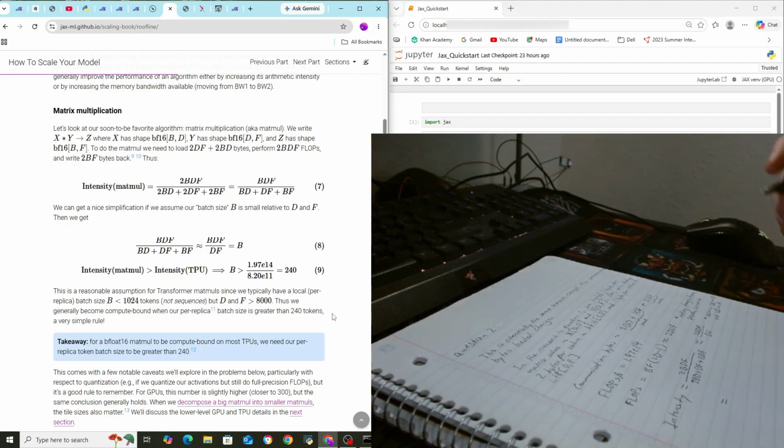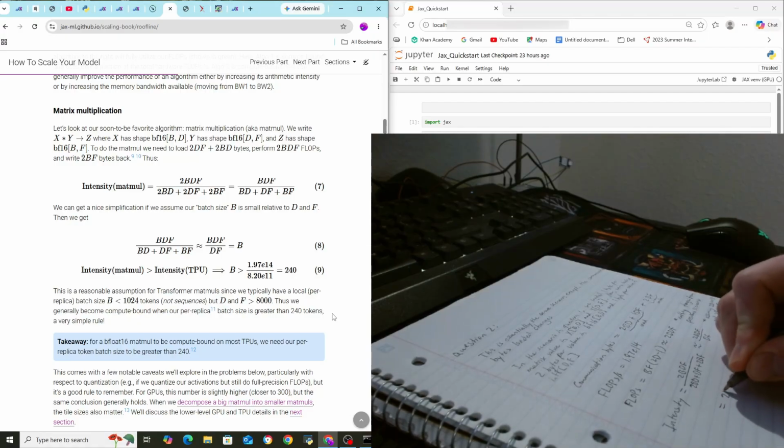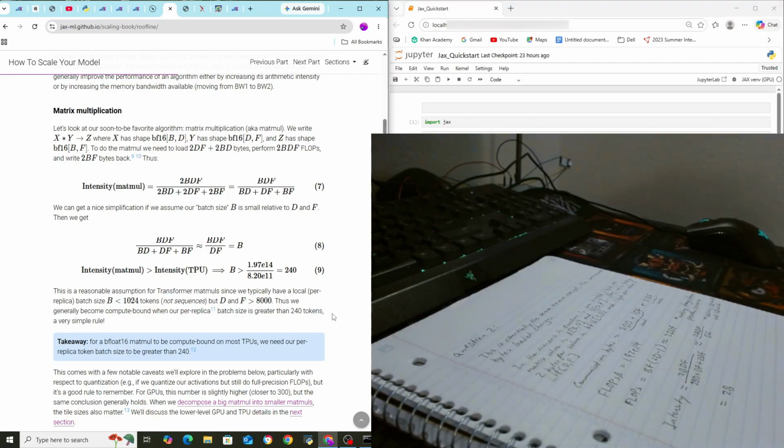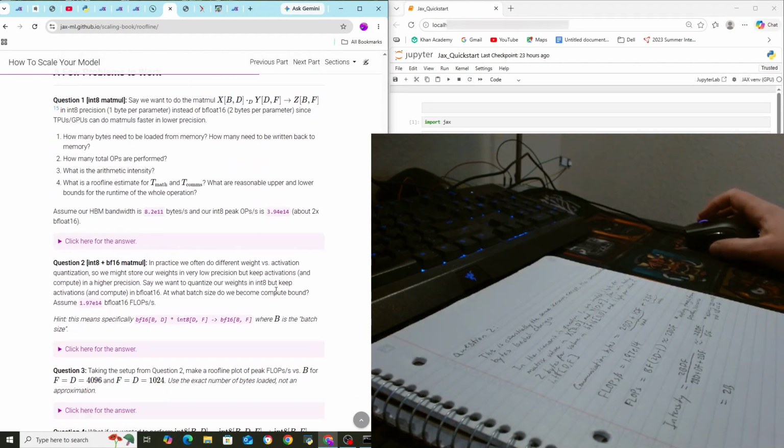Alright, well, let's still make that assumption for now. And the next thing is divide by DF, so we get 2B. Man, this kind of gets into the same scenario as the first matrix multiplication though. So I don't know if we really can make that assumption.